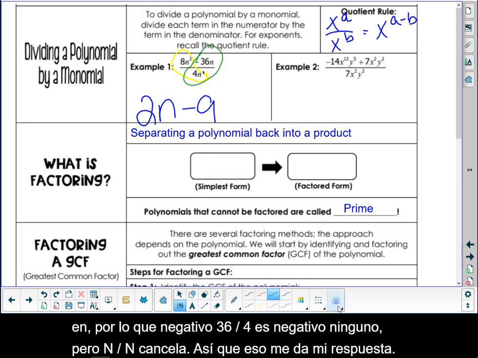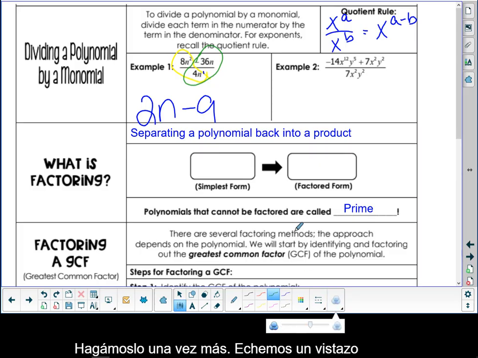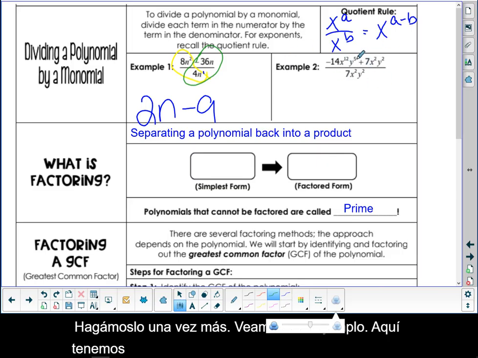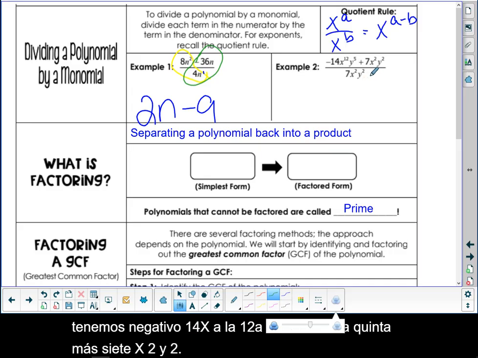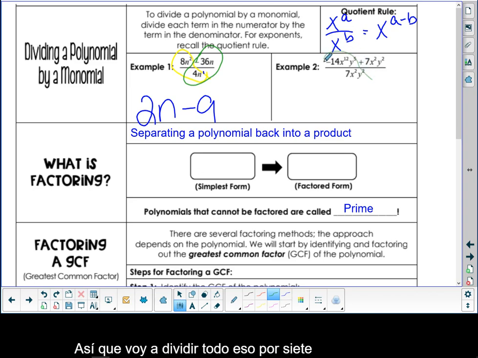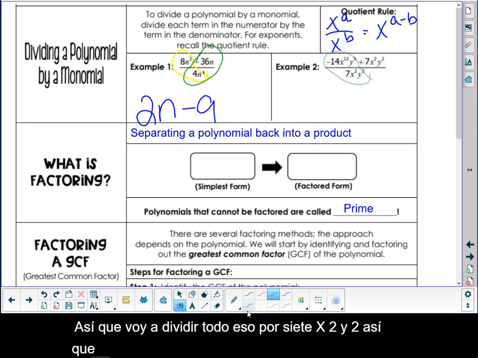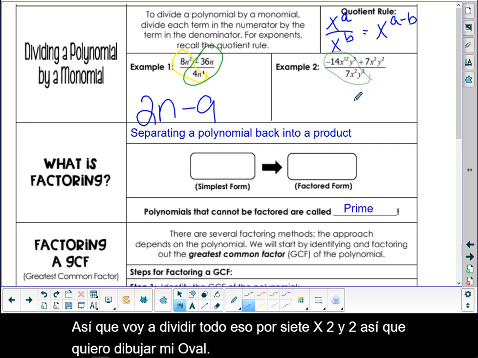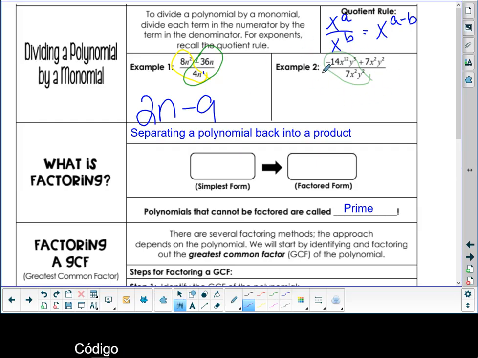Let's do that one more time. Let's look at another example here. We've got negative 14x to the 12th, y to the 5th, plus 7x squared, y squared. So I'm going to divide that all by 7x squared, y squared. I'm going to draw my oval, and we've got our coefficient, so we've got two variables, but I'm going to start with my coefficient.